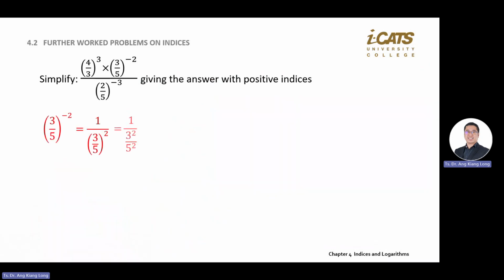You observe the steps. So this is I do it one by one. So I take 3 over 5 to the power minus 2, means I remove the negative sign power first. So here I remove the minus 2, so I convert into reciprocal format. Then you eliminate the bracket. Then you put it in a simpler form in positive indexes. Right?